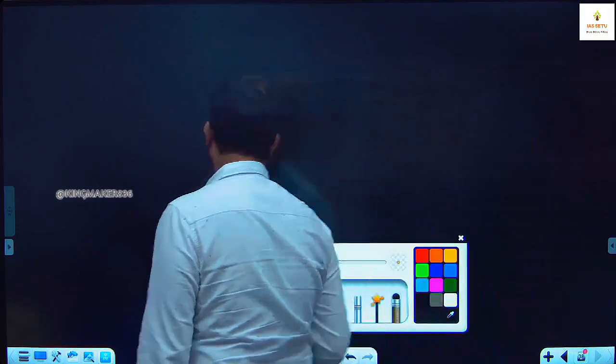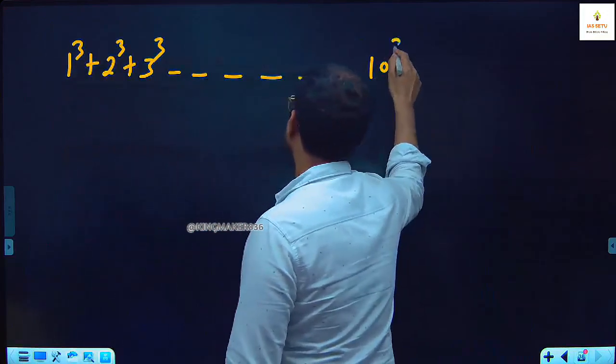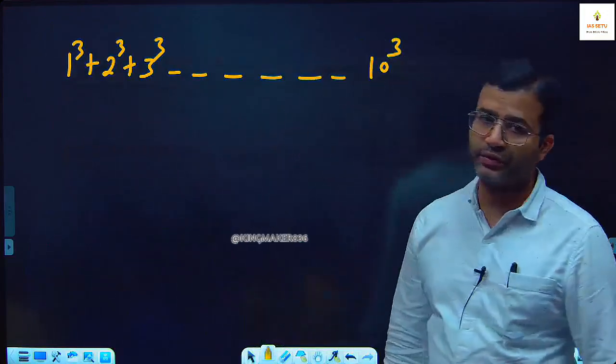See here, 1 cube plus 2 cube plus 3 cube up to 10 cube. You try this.